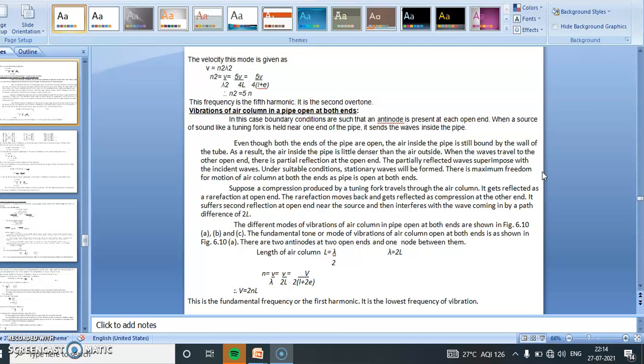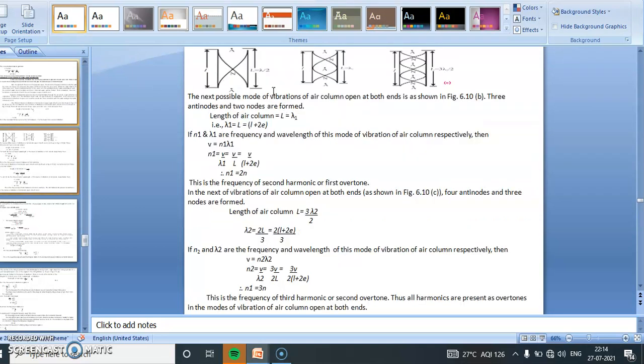It suffers a second reflection at the open end near the source and interferes with the waves coming in by a path difference of twice L. The different modes of vibration of air column in a pipe open at both ends are shown in figure A, B, C. See figure A, B, C.